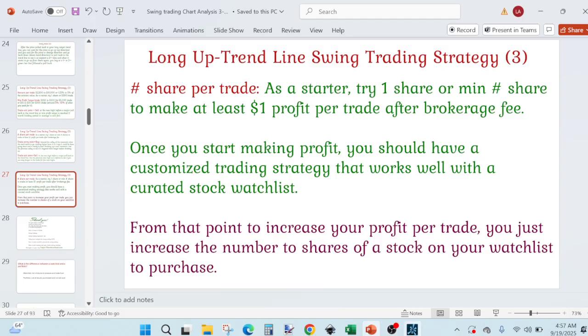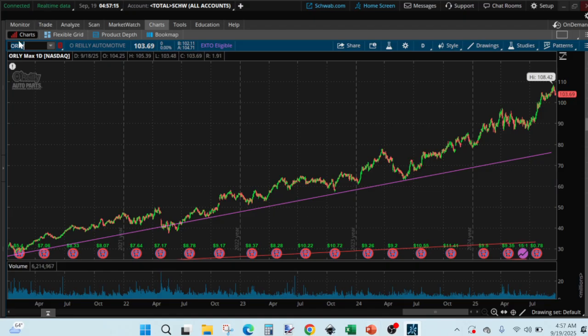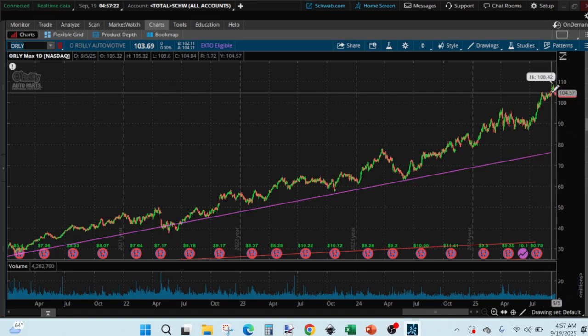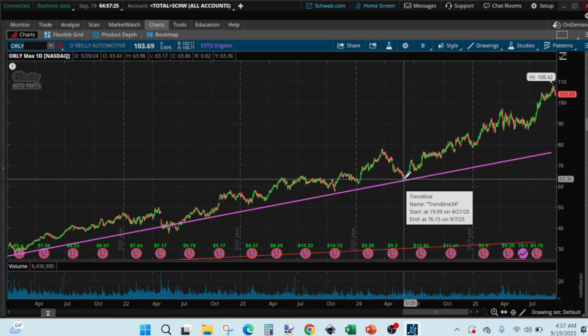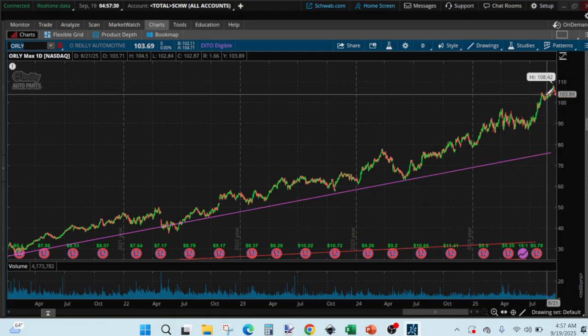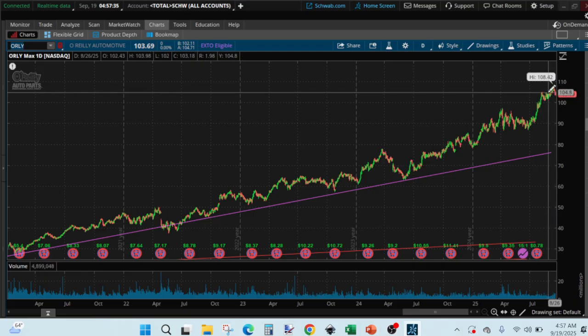The price of ORLY is around $100. The trend line is going to be lower than that, and you can see the last time it touched base with it was 63. It's at 100 now. Even if you sell it somewhere here, let's just say you bought at 60 and sold at 100, that's $40 profit on one share, and you target $1 profit after you pay your fees to the broker.